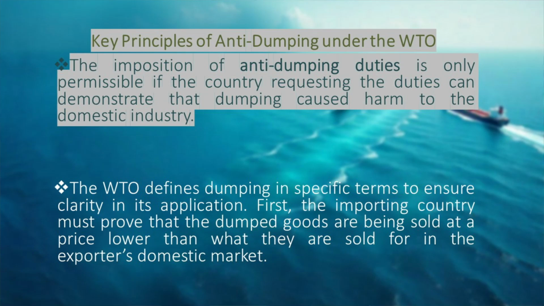Otherwise, it is not allowed. The WTO defines dumping in specific terms to ensure clarity in its application. Now, how do they define it? First, the importing country must prove that the dumped goods are being sold at a price lower than what they are sold for in the exporter's domestic market.